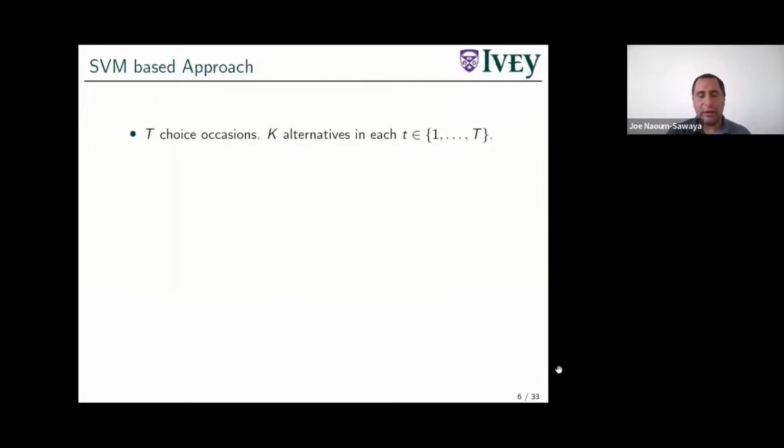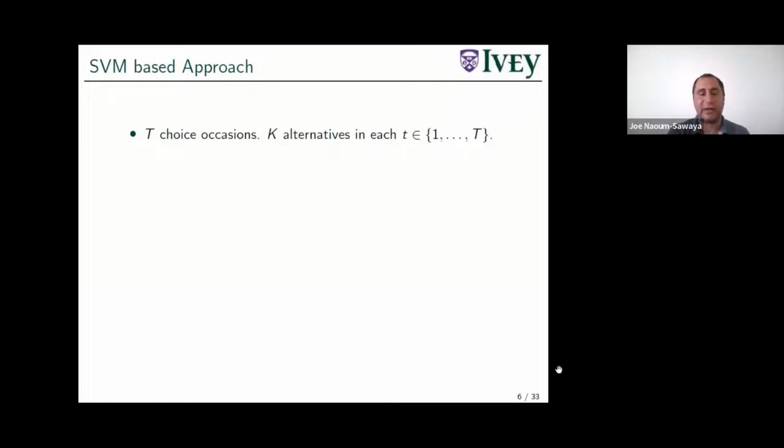So in terms of these types of support vector machine models, there are some assumptions about how the data is generated and how the data is made available so that we can create these models. The assumption made in terms of the data is that we have T choice occasions.